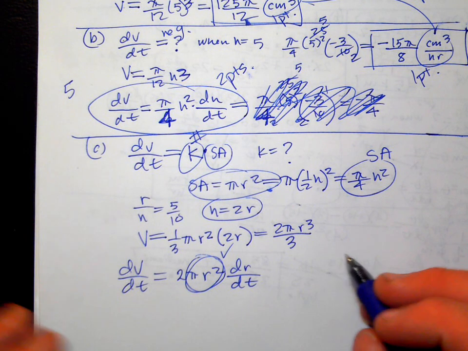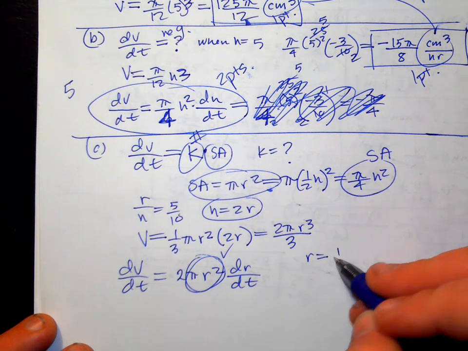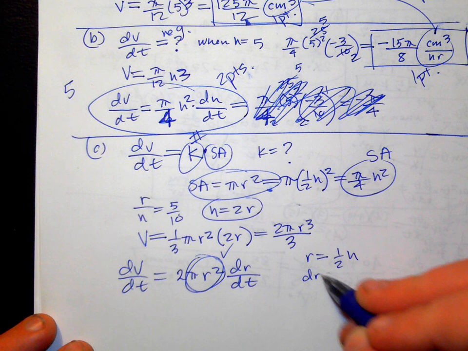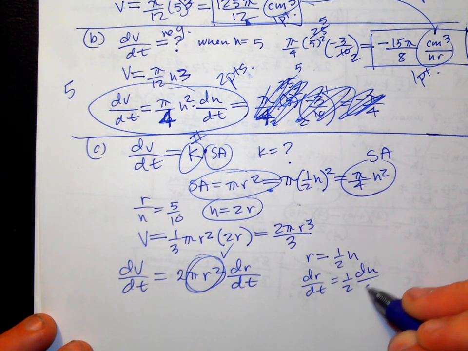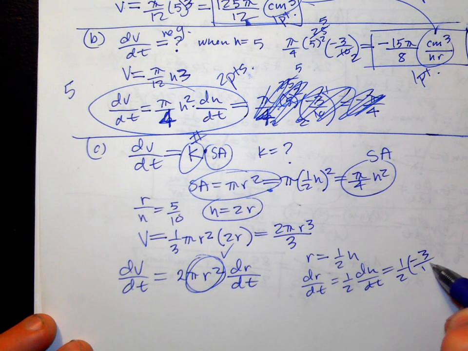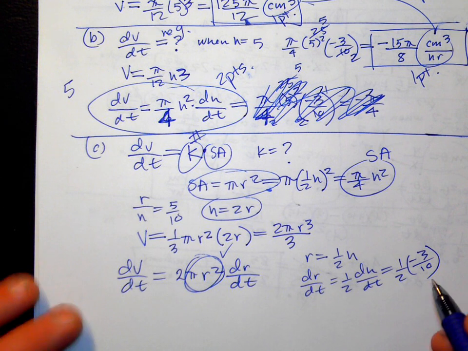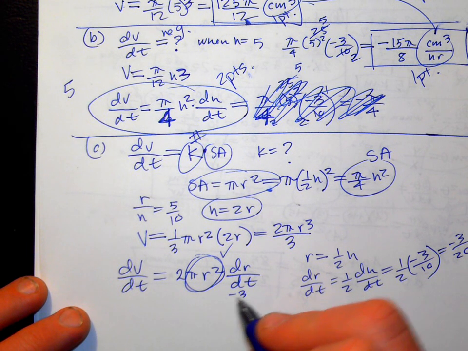So we go, well, if r equals 1/2 h, then dr/dt equals 1/2 dh/dt. And dh/dt was the rate they gave you at the beginning, which was negative 3/10. So that's going to be negative 3/20. Right?